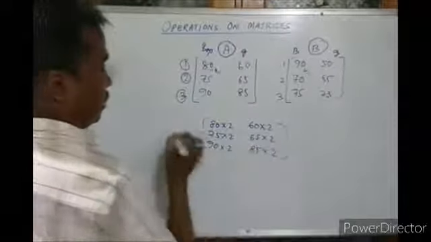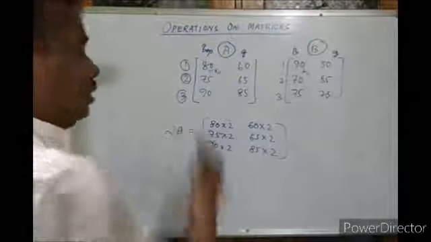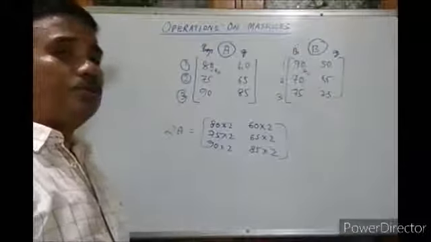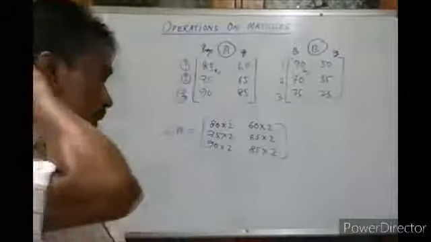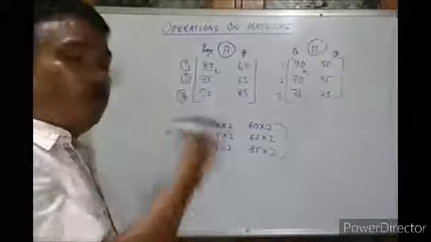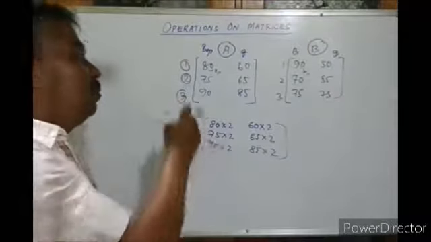So that means we have multiplied every element by the number to double the production of factory A goods. To double the production of factory A goods, what have we done?